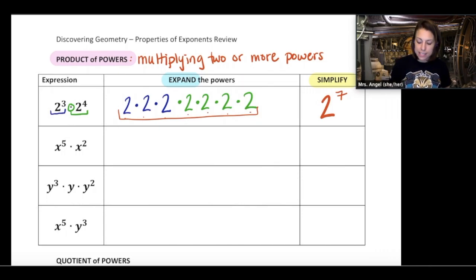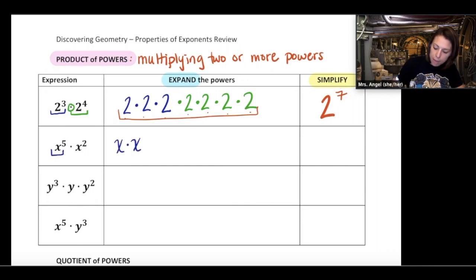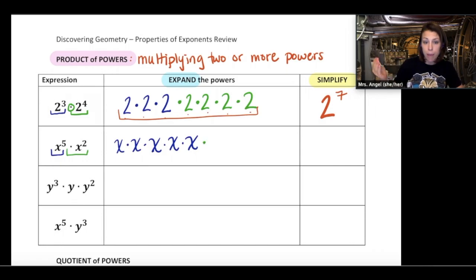Let's look at our next example. X to the power of 5 times x to the power of 2. We're going to start by expanding. Start with the first power. X to the power of 5 is x multiplied by itself 5 times. Now we're continuing on that multiplication because this is a product of powers. X to the power of 2 is x multiplied by itself 2 times.